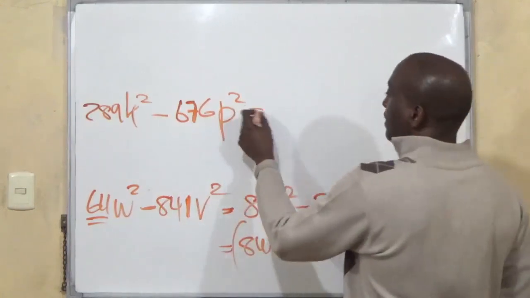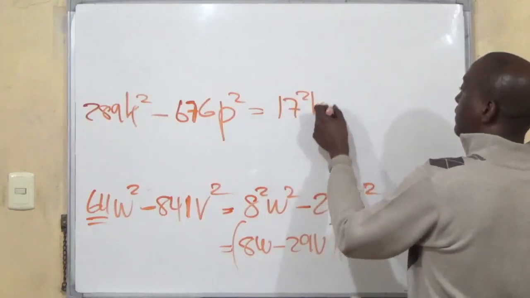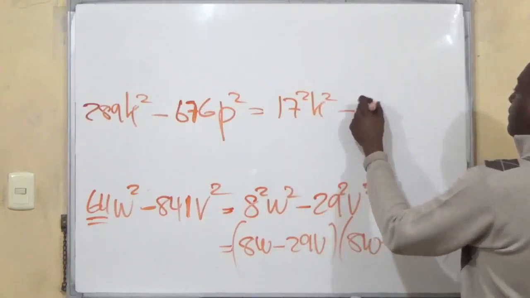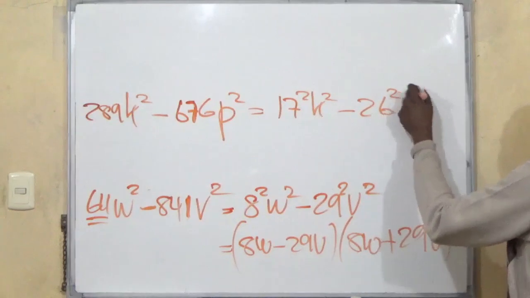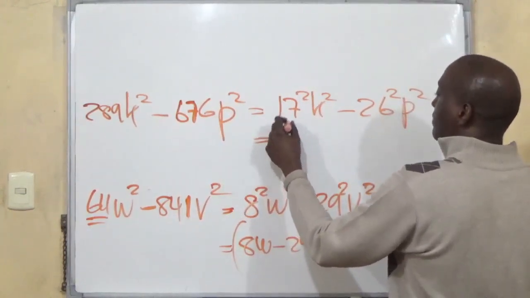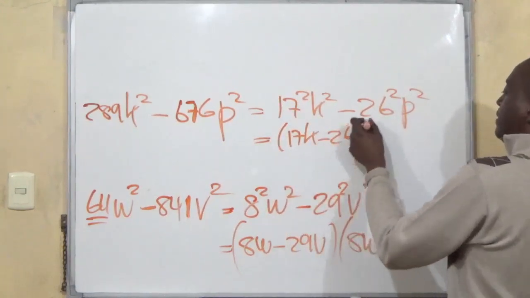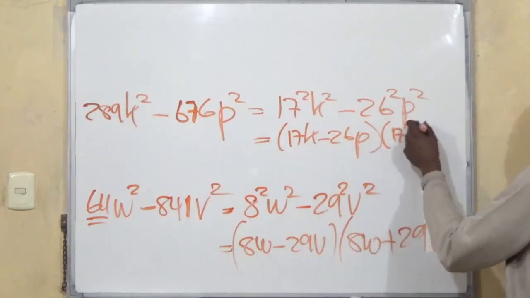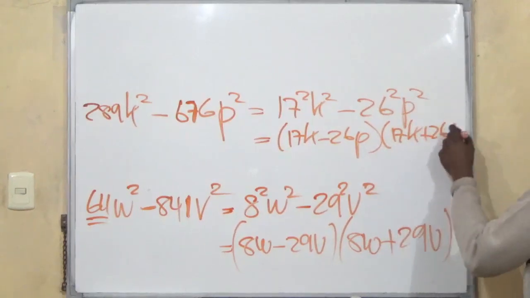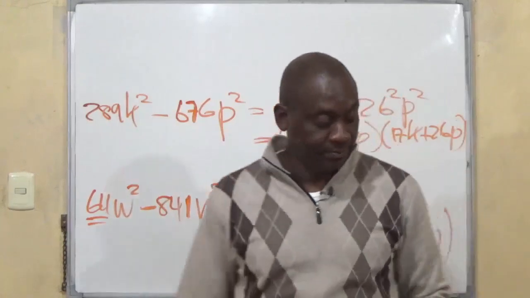And same story up here. We would have had 17 squared k squared minus 26 squared p squared, just to make sure for yourself. So your final answer now would be 17k minus 26p into 17k plus 26p. Right? End of discussion. Beautiful.